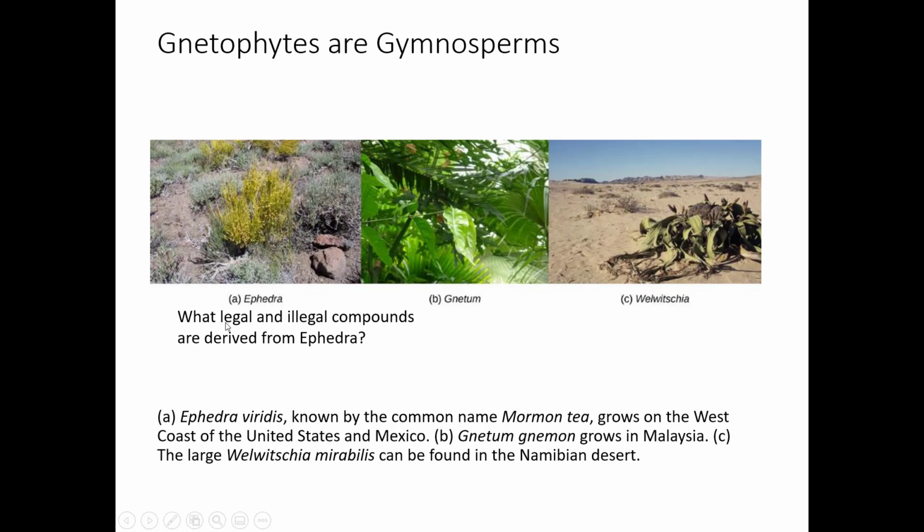When you buy Sudafed, which is a brand name, you're buying the product that they extract from the ephedra plant and then chemically alter a little bit. And that's legal. It's called pseudoephedrine, which is Sudafed. I should have put a picture of that. Sudafed is a legal drug for cold symptoms.